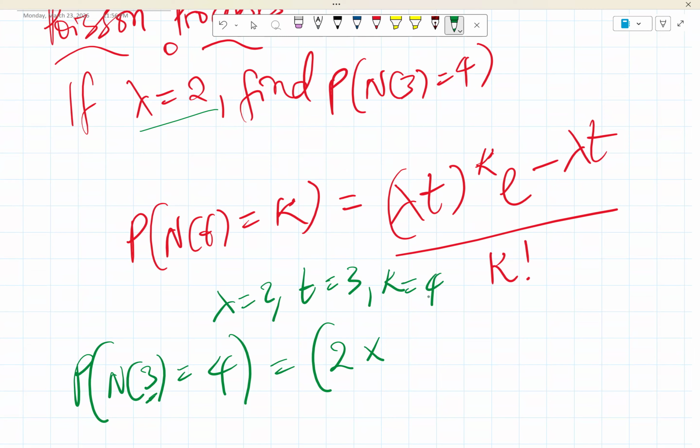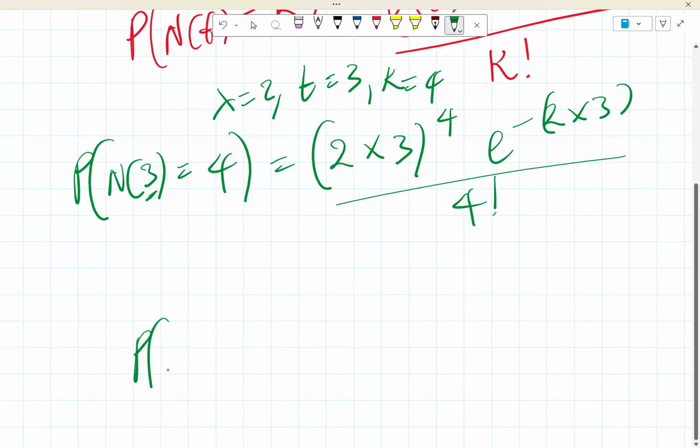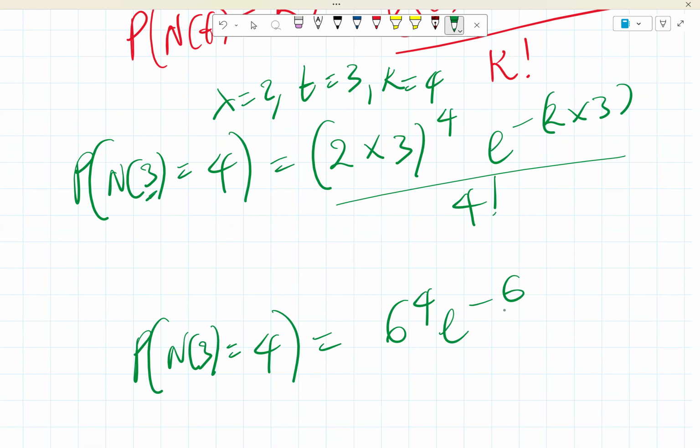So we have (2 times 3) raised to power 4, times e raised to power minus (2 times 3), all over 4 factorial. That means the probability that N of 3 equals 4 is 6 raised to power 4, e raised to power minus 6, all over 4 factorial.